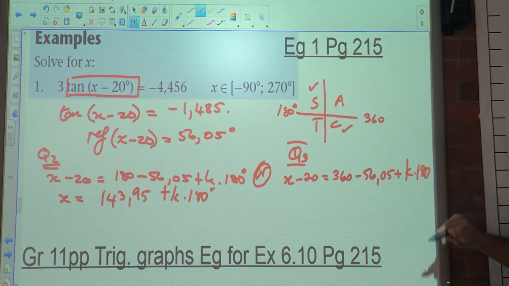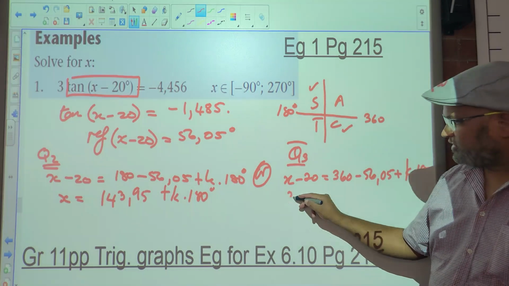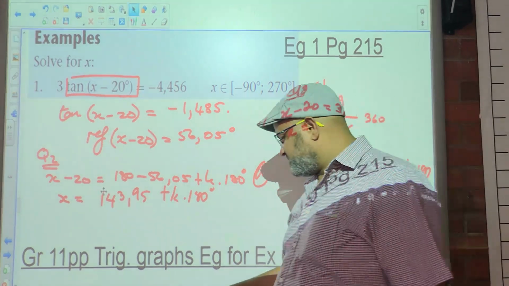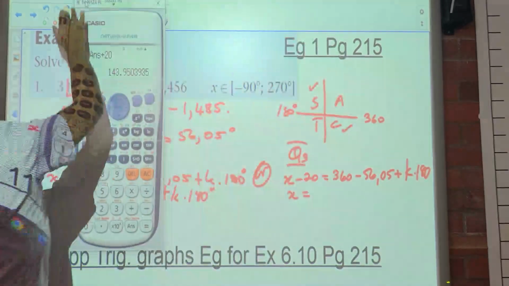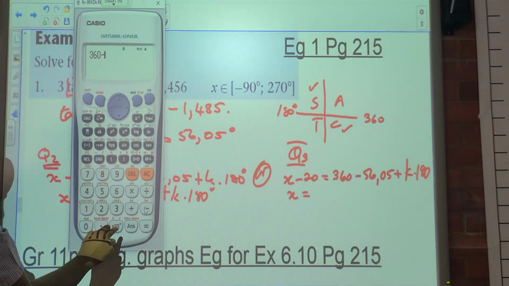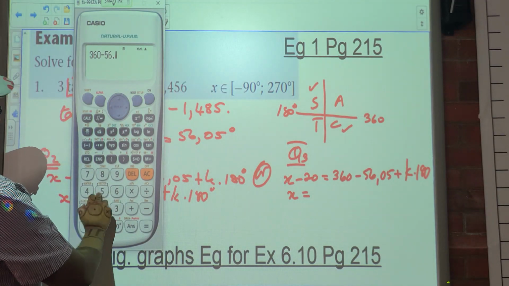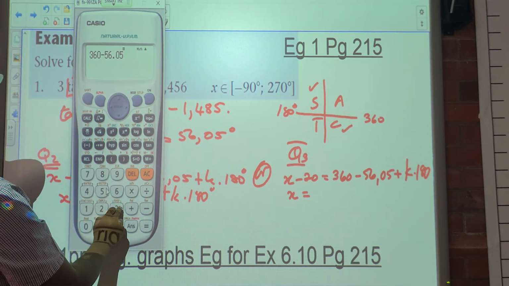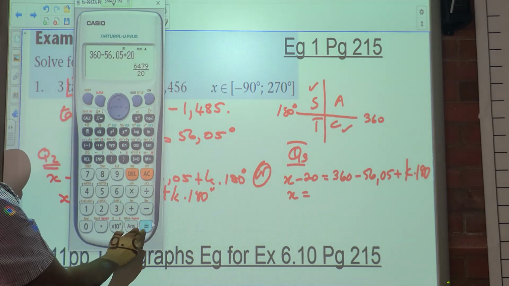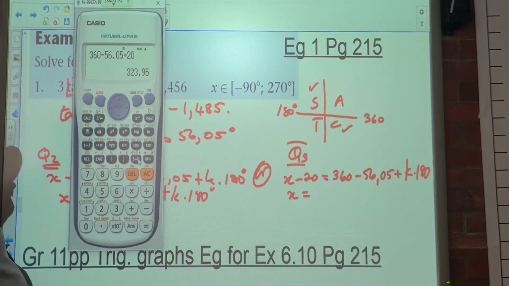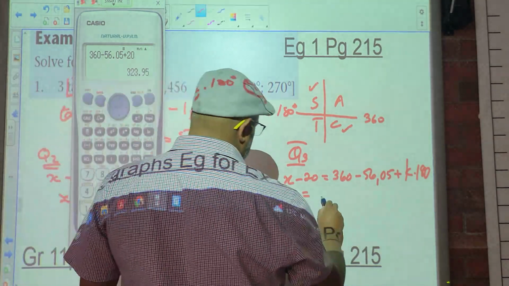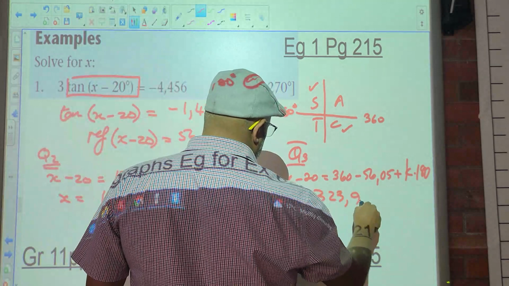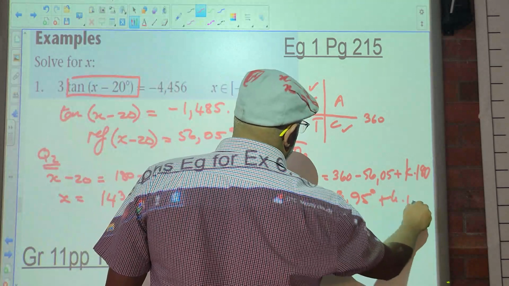Because the period on the tan graph is 180. So we solve for x here. So x is equal to 360 minus 56,05 plus 20, which gives us 323,95 plus k times 180.